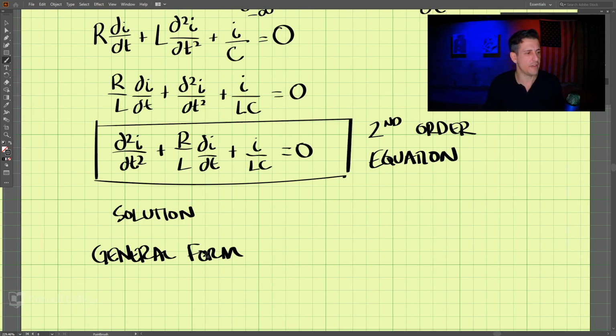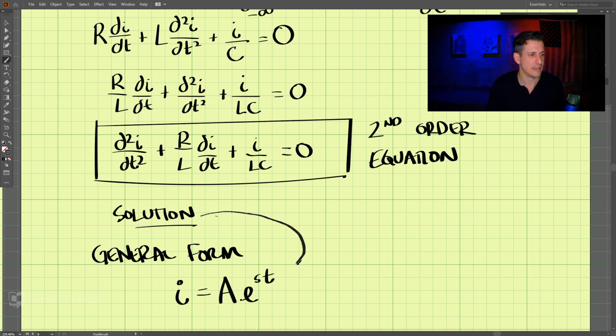So what we have here is I is going to look something like A times e to the s t. So the solution to this equation looks something like this. And we're going to look into this equation more.